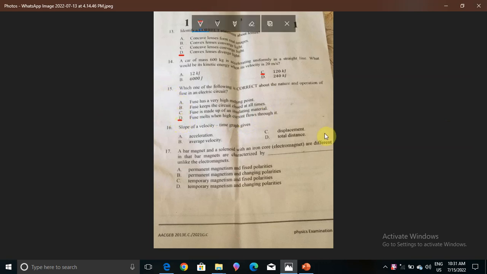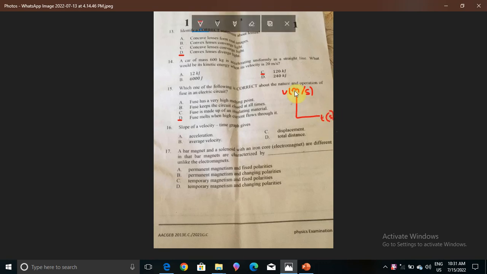Now question number 16 says, slope of a velocity time graph gives what? Acceleration, average velocity, displacement, or total distance? Here's a graph of velocity, which is meter per second, and here we have time, which is in seconds.